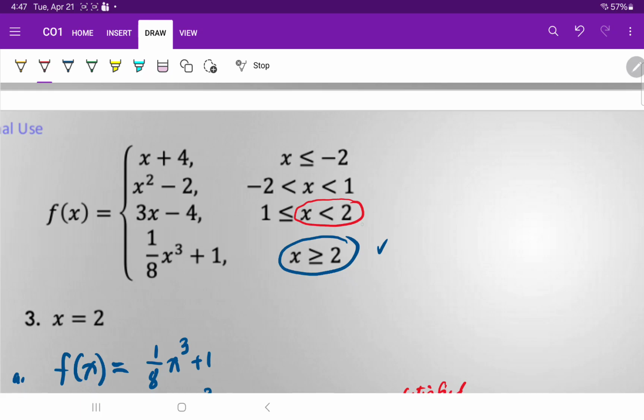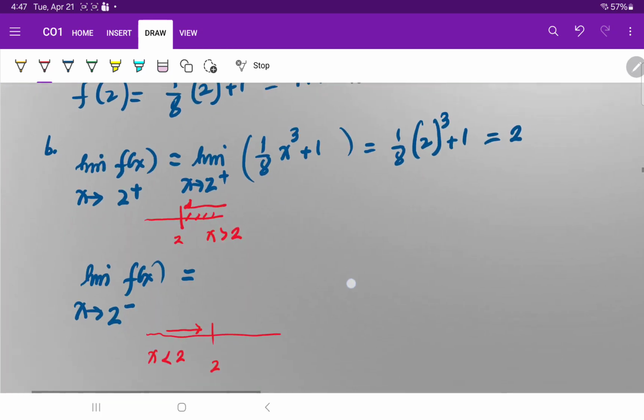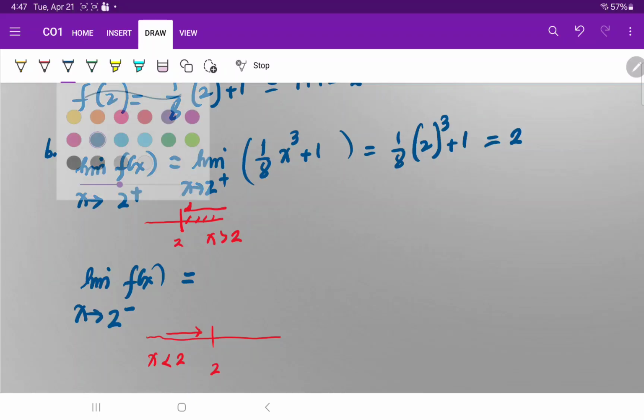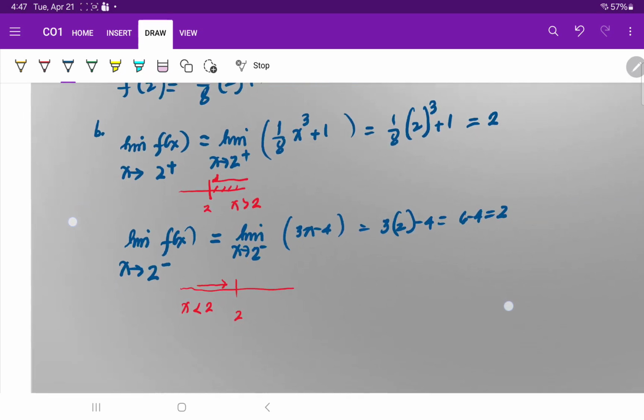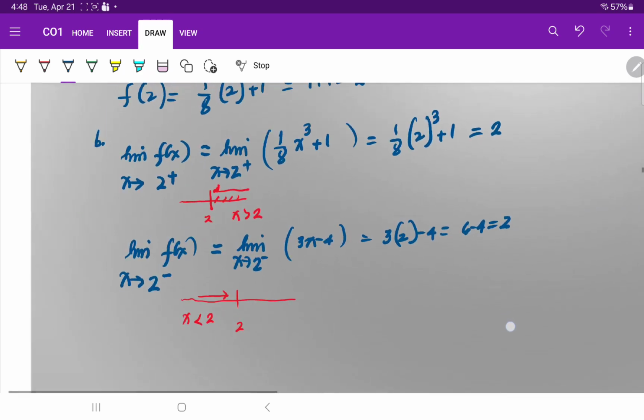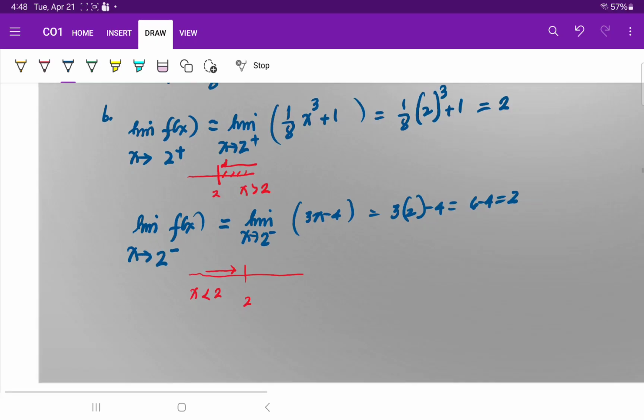This one is greater, this one is less than 2. So we use here 3x minus 4. You find the limit of 3x minus 4 as x approaches 2. So we substitute 2. 3 times 2 minus 4 is 6 minus 4. It gives you 2.